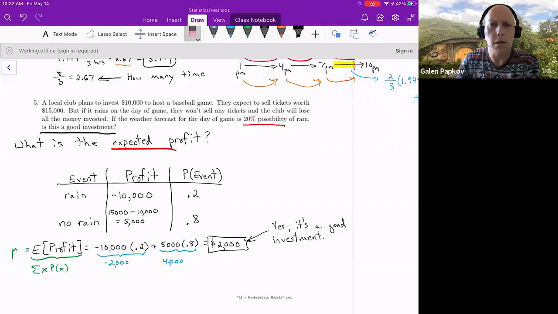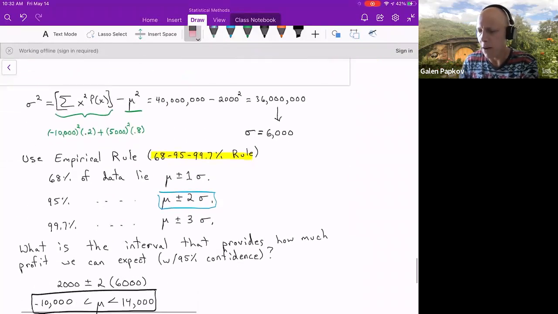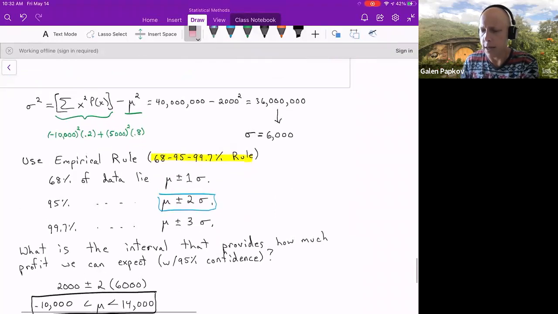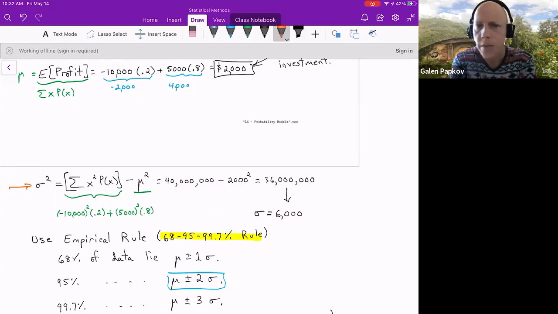But let me talk a little bit about variance, because we talked about that, but we haven't done it. If I want to know the variance of the game, so the variability in profit, that is going to be from this top formula here. So it's the same formula I had earlier. And you need the sum of the squared data times p of x minus mu squared.